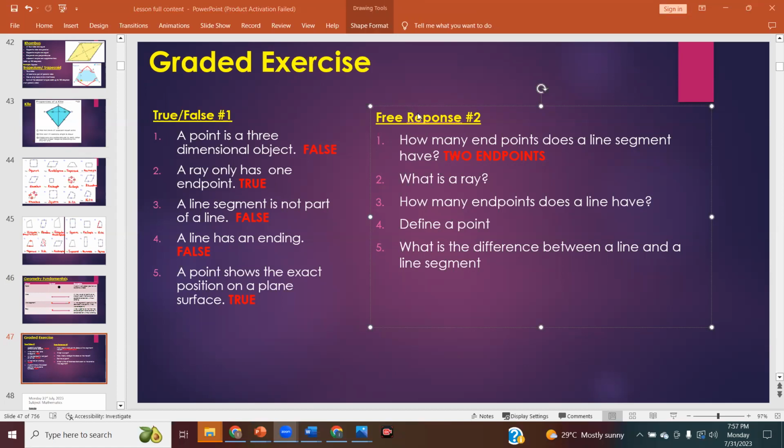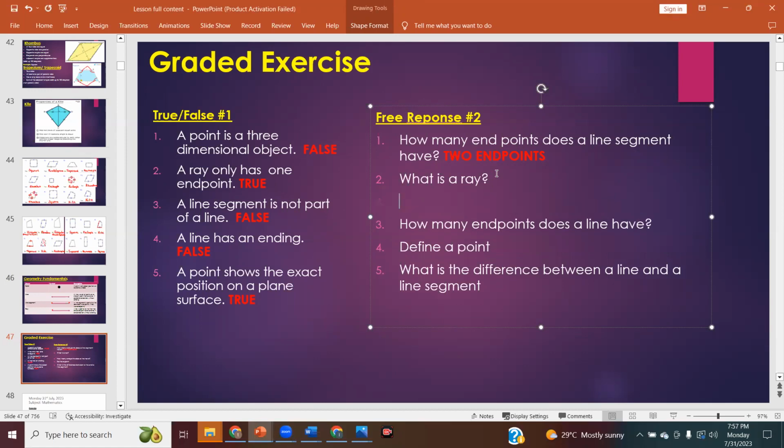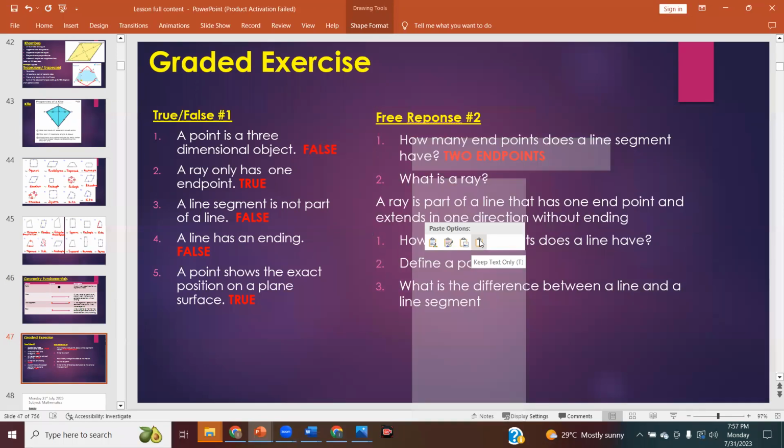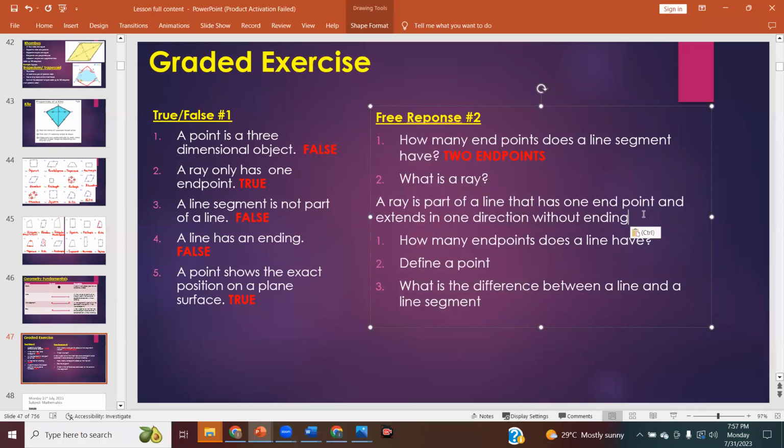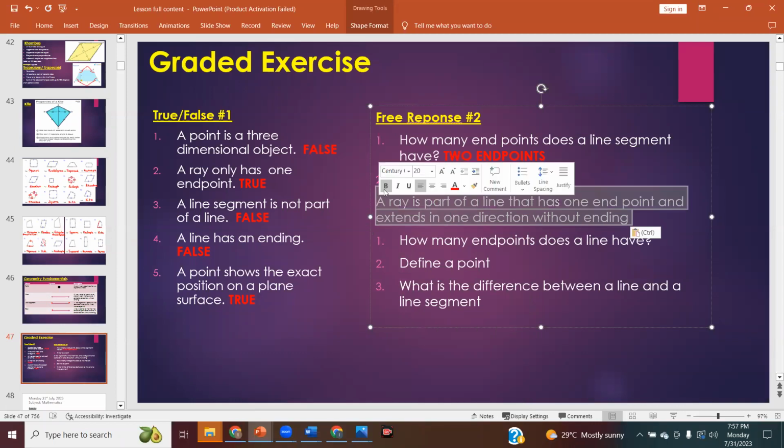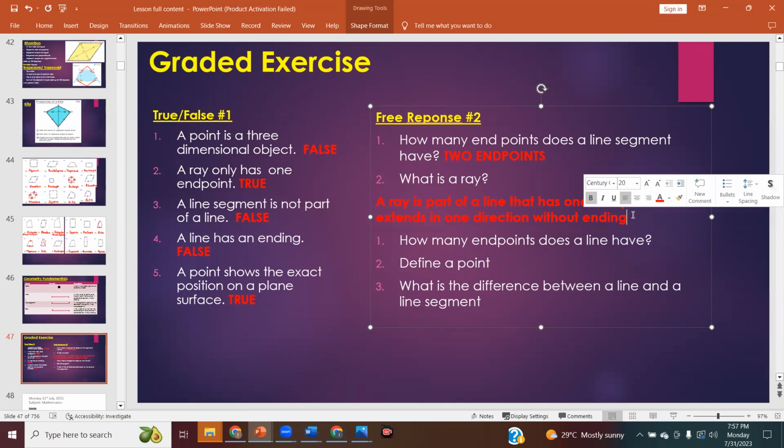Give me the proper definition for the ray, like what I gave you in the notes. A ray is part of a line that has one endpoint and extends in one direction without ending. That's exactly what I wanted you to put.